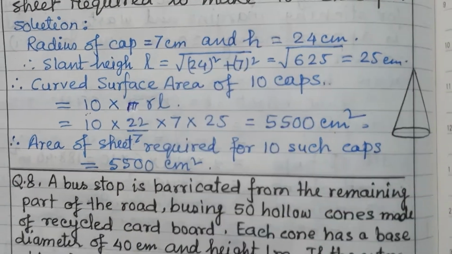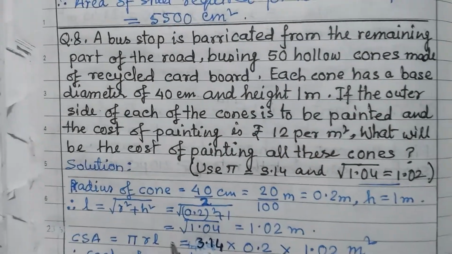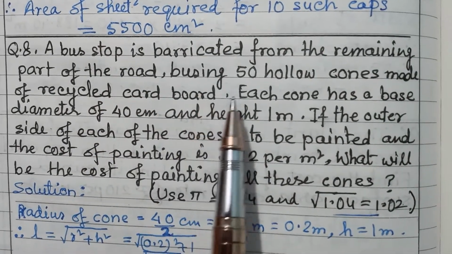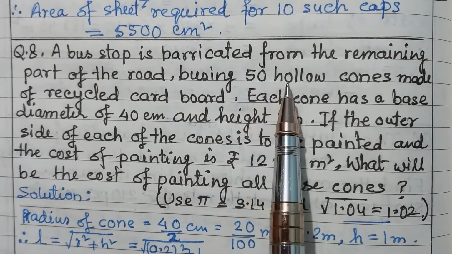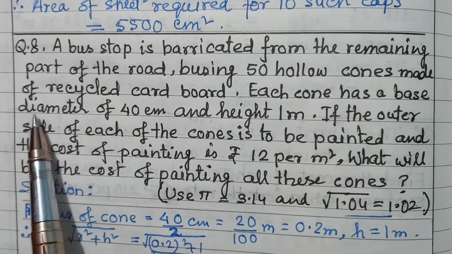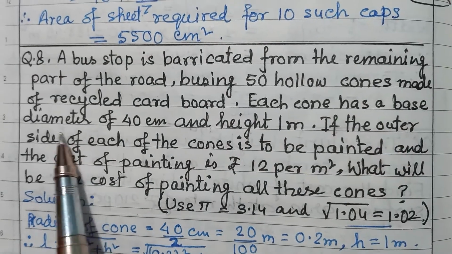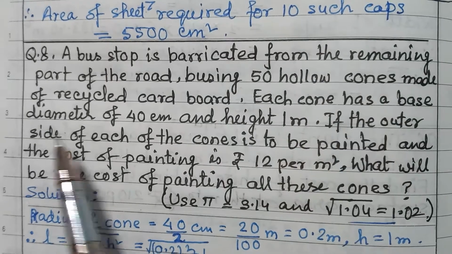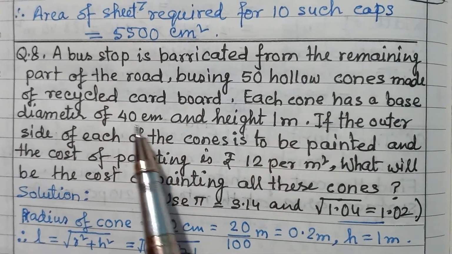Okay, now the last question. A bus stop is barricaded from the remaining part of the road by using 50 hollow cones made up of recycled cardboard. Each cone has a base diameter of 40 centimeter and height 1 meter.